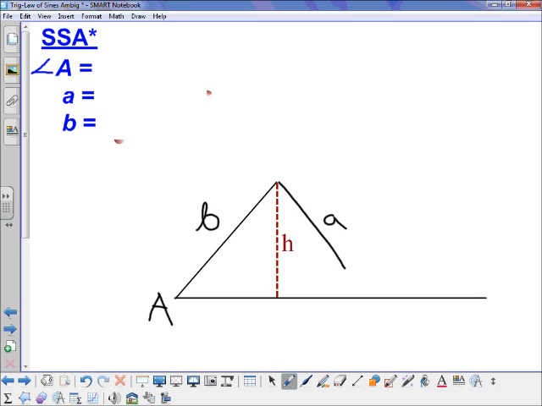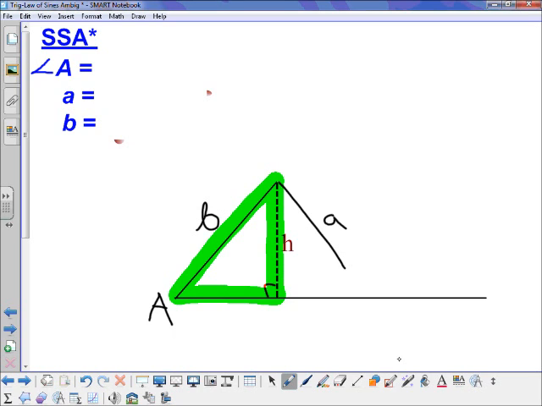Whenever you draw in a height, it forms a right angle, so notice we have a right triangle, from here to here to here. When we have a right triangle, we can use the Pythagorean theorem or SOHCAHTOA.